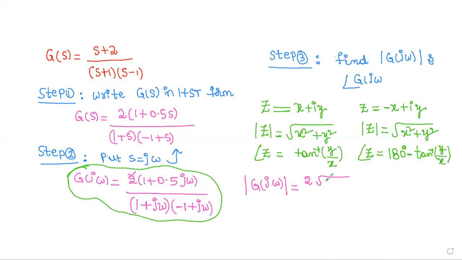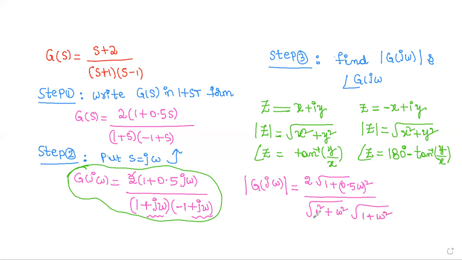For the next term, root over 1 square plus (0.5 omega) whole square. For the denominator portion 1 plus j omega, it is root over 1 square plus omega square. For the second part, minus 1 plus j omega, minus 1 whole square is also 1 square, so root over 1 plus omega square.